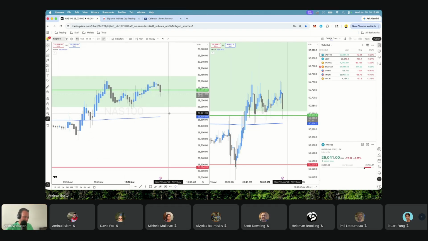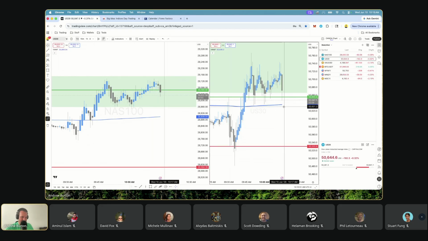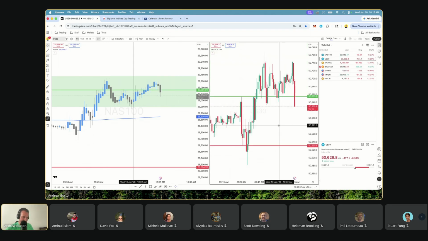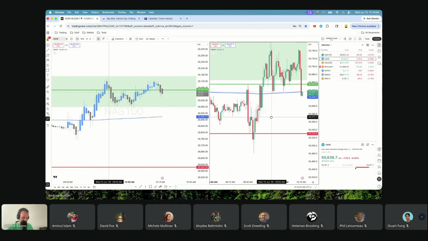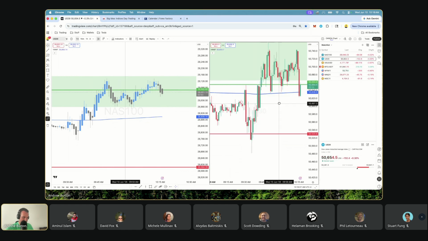So US30, though, if we get a body open below the VWAP, this could be our trade here, if we can find a fair value gap below price. There's no fair value gap. Eh. Okay, so this is no trade as well.